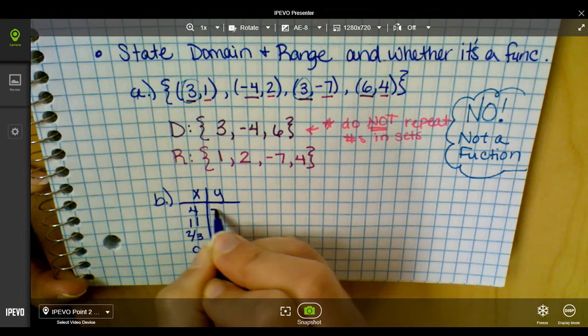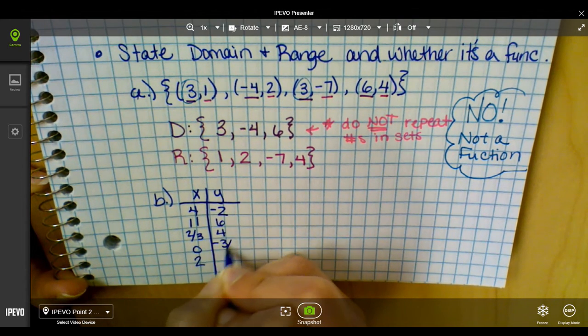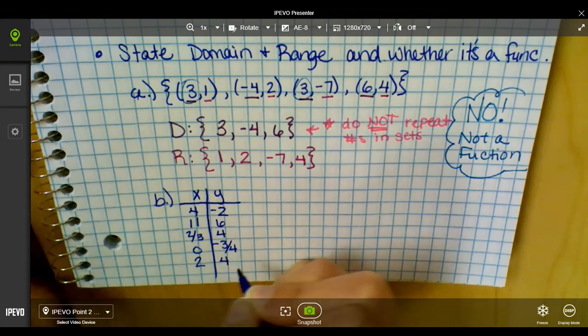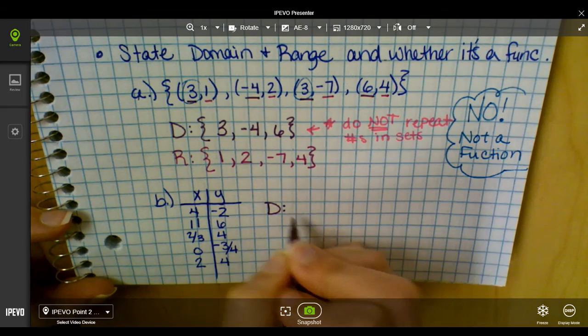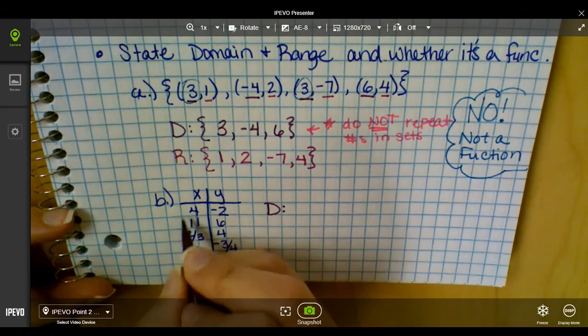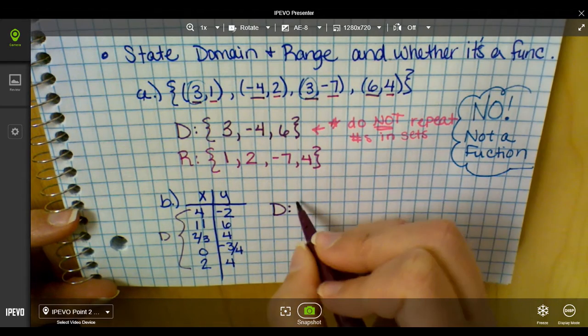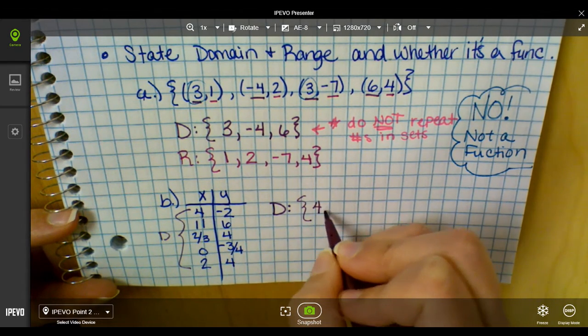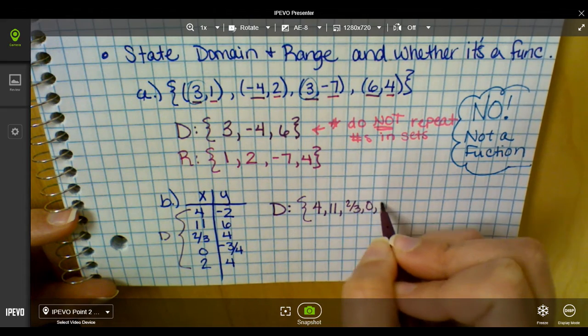My y's are going to be -2, 6, 4, -3/4, and 4. And then what is my domain? Obviously, for a table, it's just really super easy. All of this is my domain. It's all of my x values, and nothing is repeating. So I can just write them in there. So I have 4, 11, 2/3, 0, and 2.